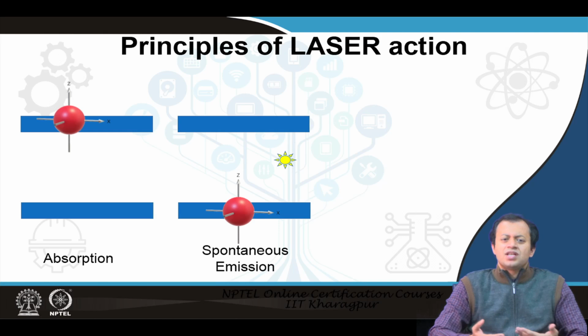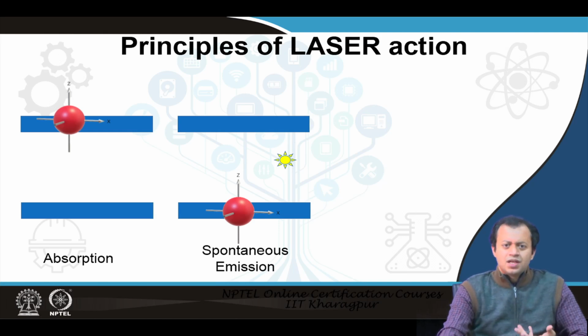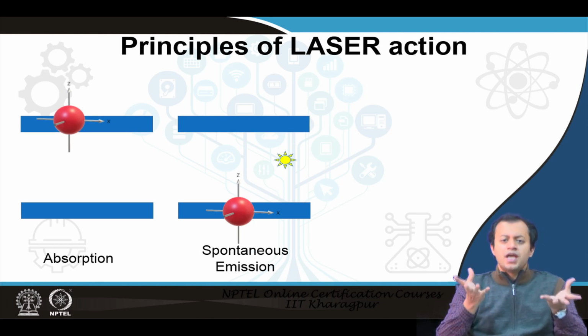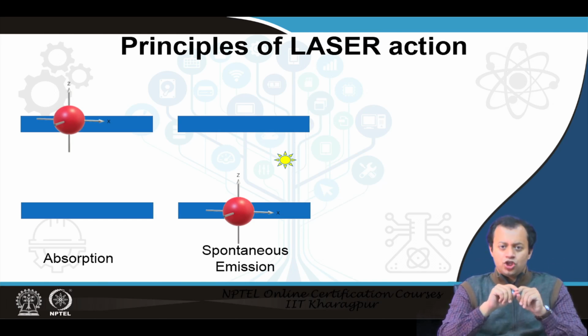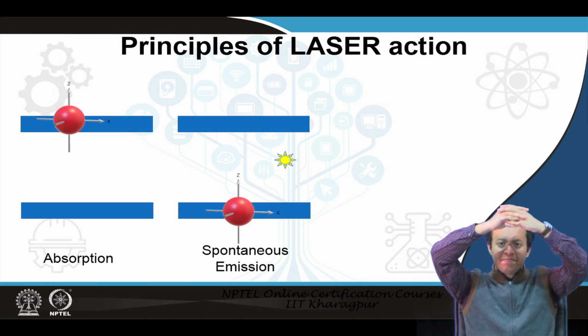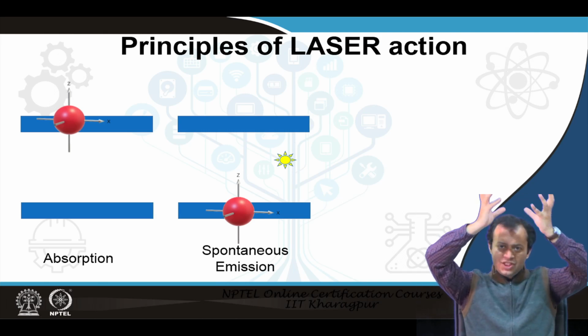If it is fluorescence, the emitted photon has a different frequency; if it is just elastic, then it will emit the same photon energy. Spontaneous emission, two things you need to be clear. This is spontaneous. This happens automatically without any intervention. The electron goes up, the upper level is unstable.